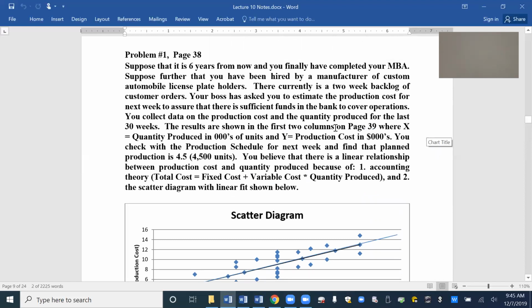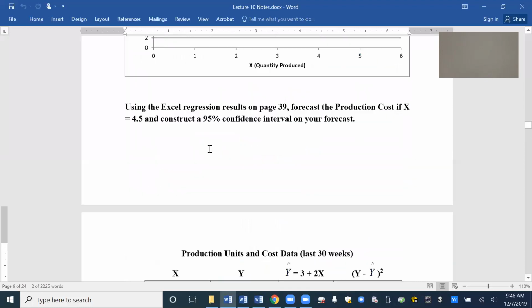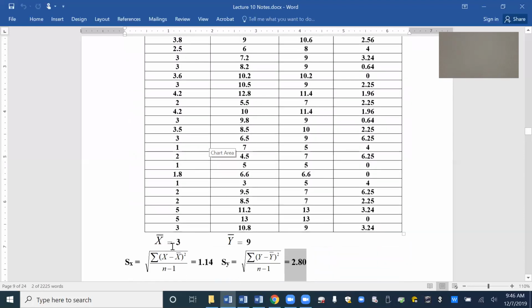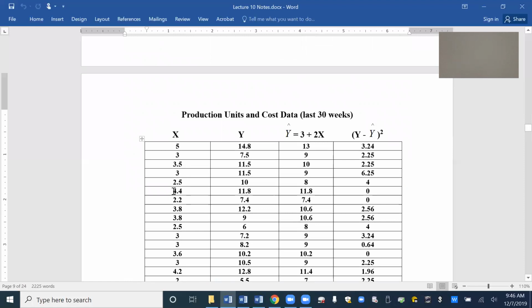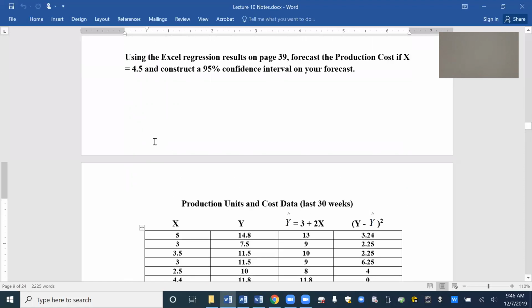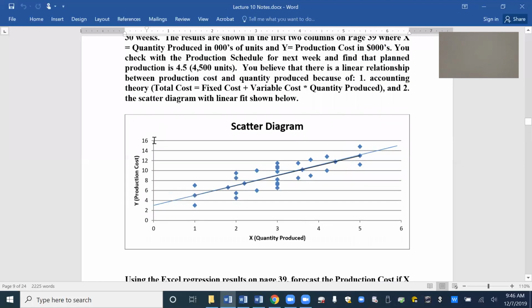Well, we call down to the scheduler and say, okay, what's the scheduled production for next week? And they tell us it's 4,500 units. Well, the average production is 3,000. If they told me it was 3,000 units, then 9,000 would be a good guess. But now they've told me we're going to have a high month of production. So I don't think that 9,000 is going to be very accurate.